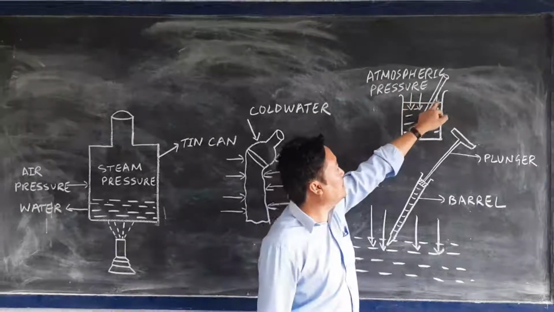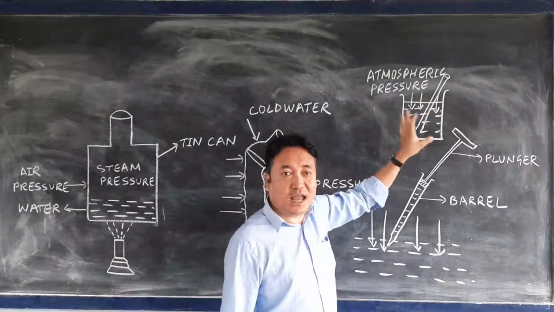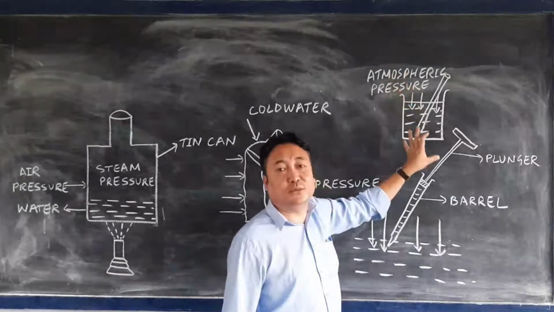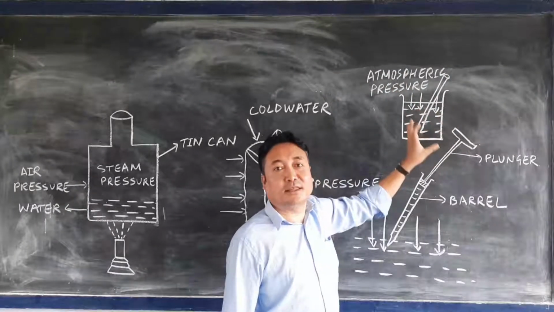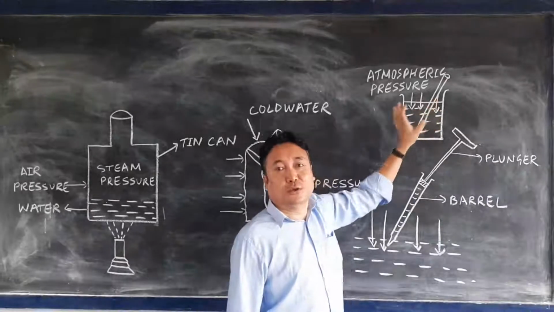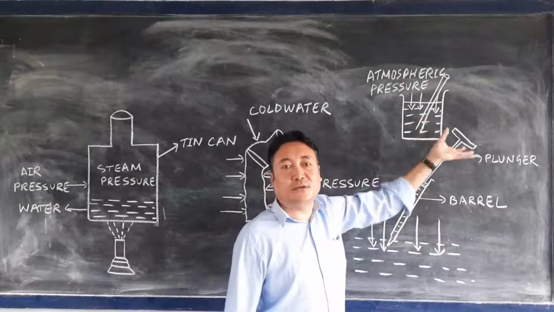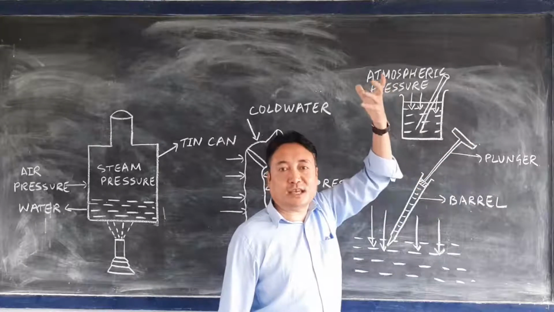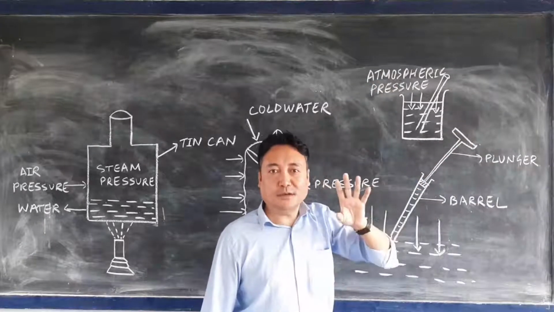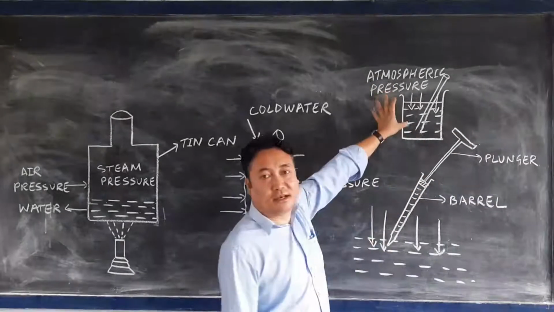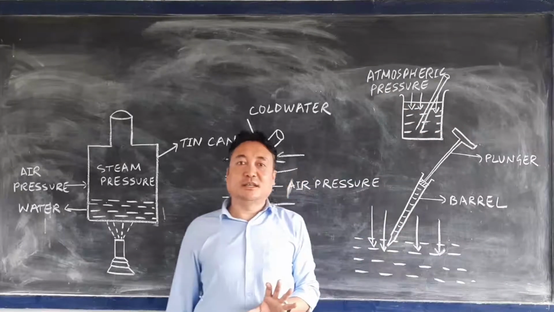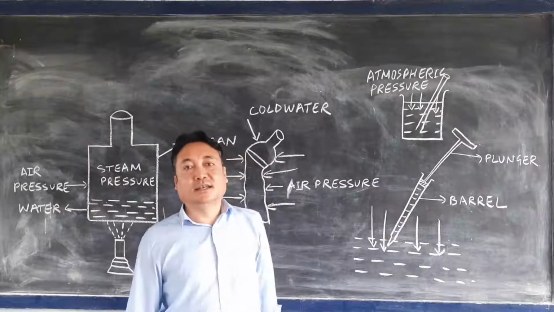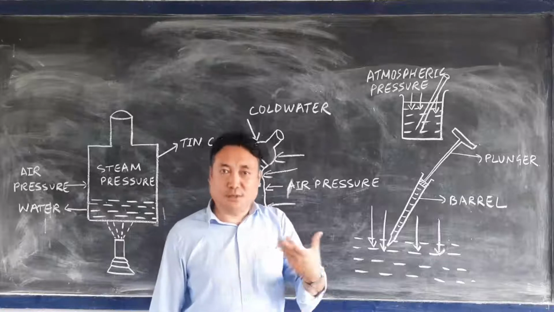Therefore the atmospheric pressure will become more than the pressure inside the straw, which forces the liquid to go inside the straw and it comes into your mouth. So this way, the atmospheric pressure helps in sucking the liquid from the glass or container.